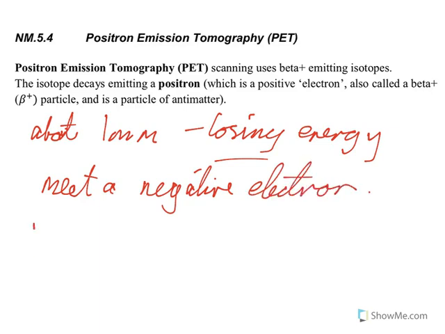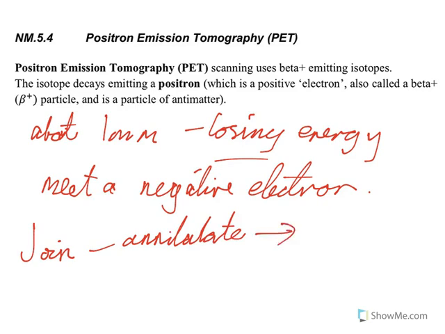All right, and when they do that, they join, and when they join, they do what in physics terms is annihilate. All right, and so when they annihilate, what they do is they give off 2 gamma rays.